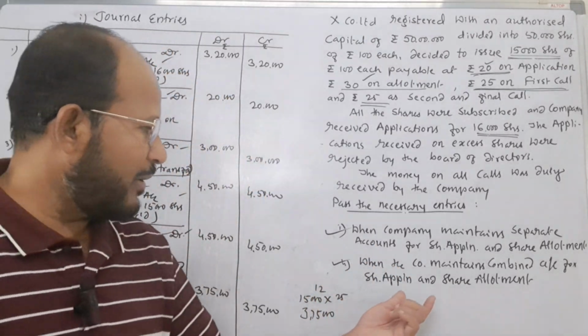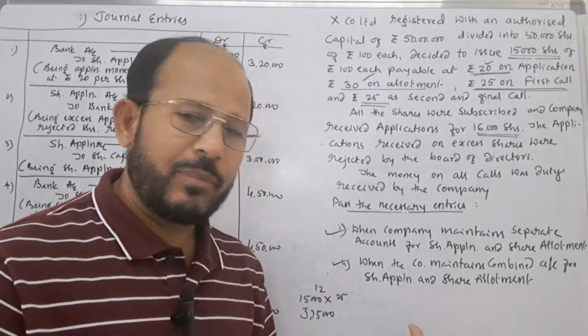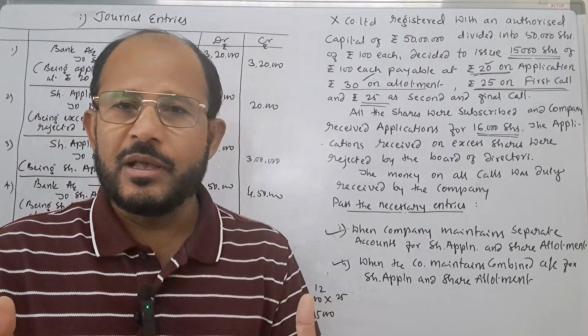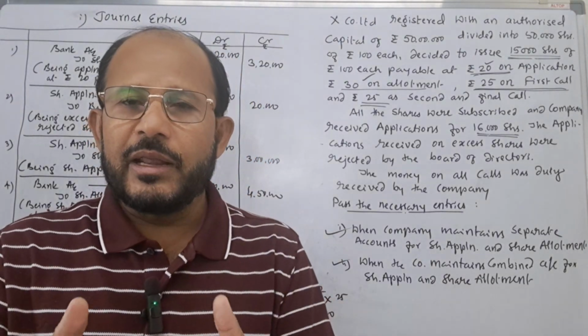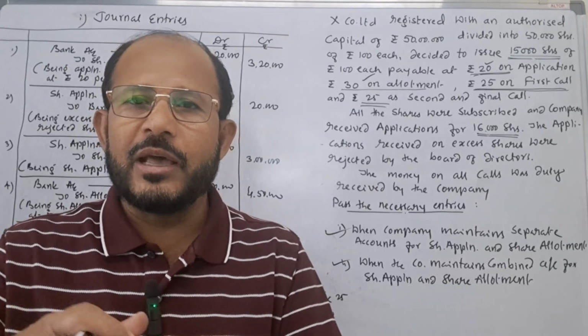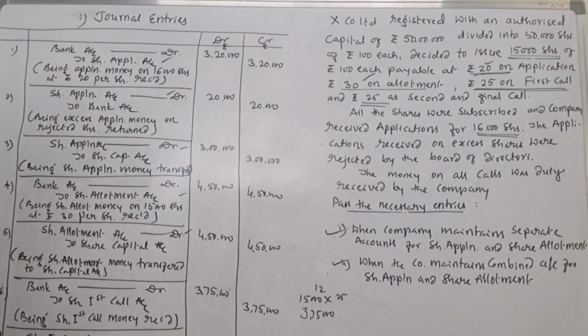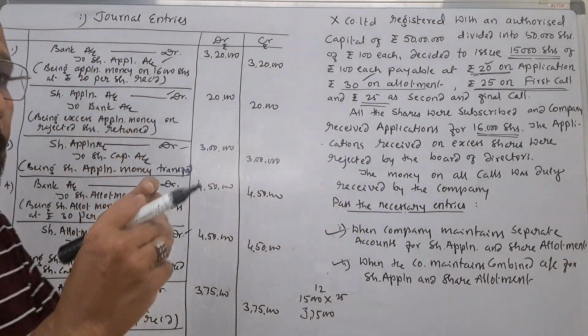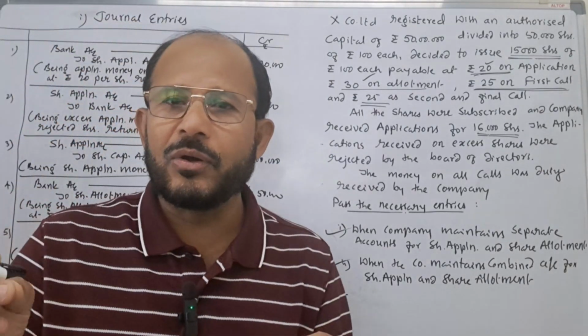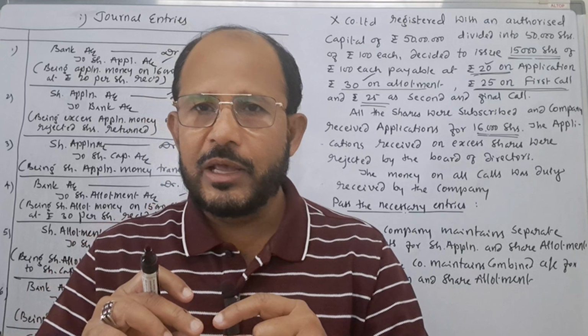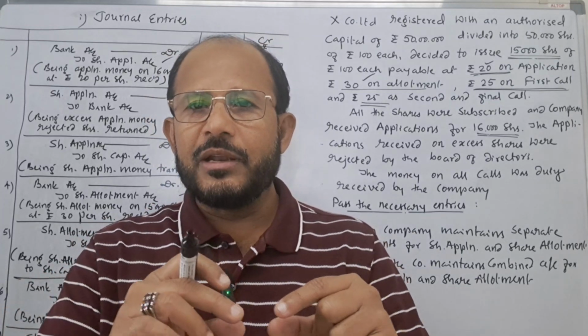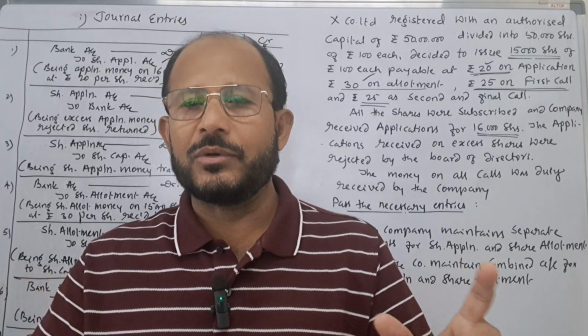Now, by following the second method, what is the company doing here? The company is maintaining a single account. It is combining application as well as allotment. That is why, instead of taking share application account or share allotment account, we have to take a single name, that is share application and share allotment account.